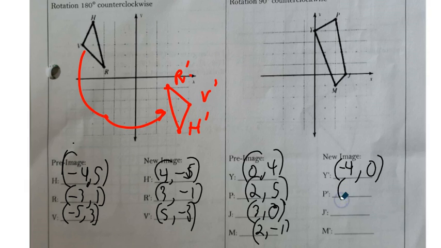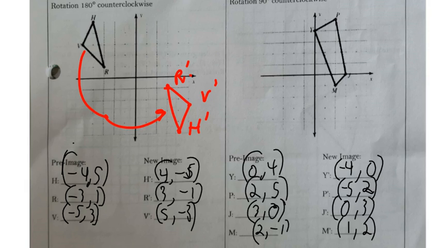For P prime, I'm going to move the 5, make it opposite, and the 2 moves. For J prime, the 0 moves, and you can't have an opposite of 0, so it's just 0. And the 3 moves and stays the same. On this one, notice it's not always negative, it's opposite. So the negative 1 is going to become positive, and the 2 moves.